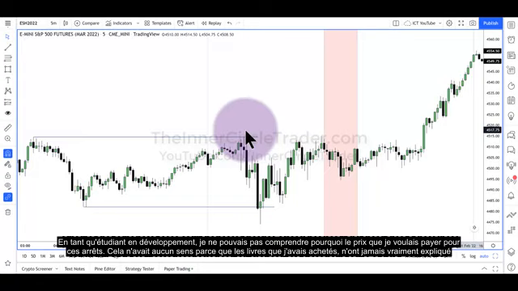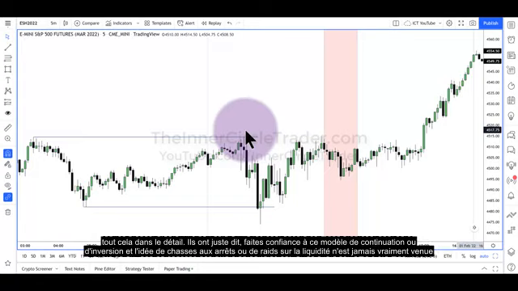It didn't make any sense, because the books I had bought never explained that in detail. They just said to trust this continuation or reversal pattern, and the idea of stop hunts or raids on liquidity never came up. So it was an alien topic to me. When I started delving into the charts, it helped me.